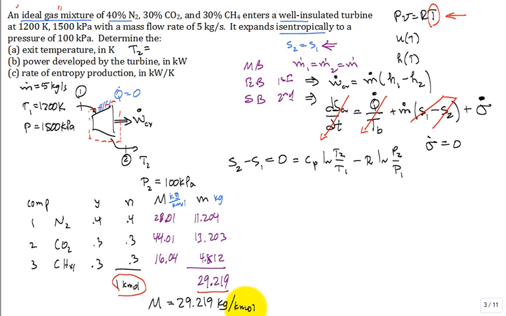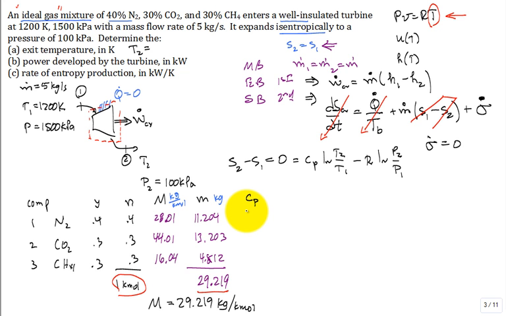Anybody else? All right. So now I got the molar mass. Now what I do is I go and I look up just the specific heat at constant pressure, and I say to myself, okay, but is it a function of temperature? C sub P is a function of temperature, is it not? For nitrogen, for carbon dioxide, for methane?